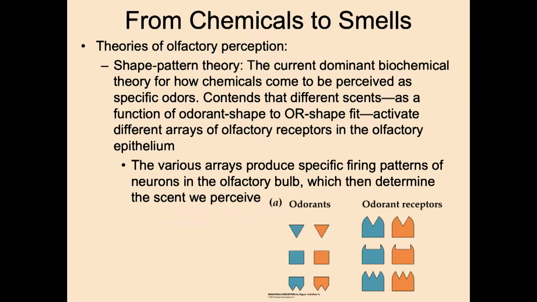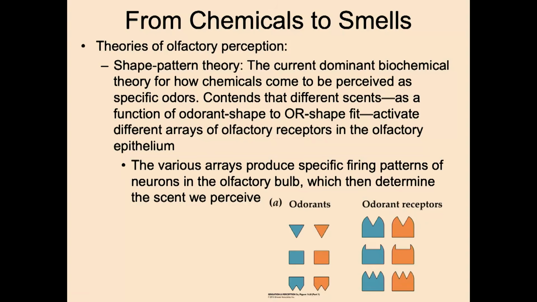Okay, so let's talk about how the receptors work. Historically there have been two main theories of how these receptors work. One is called shape pattern theory. This is the current dominant biochemical theory for how receptors transduce odorants.